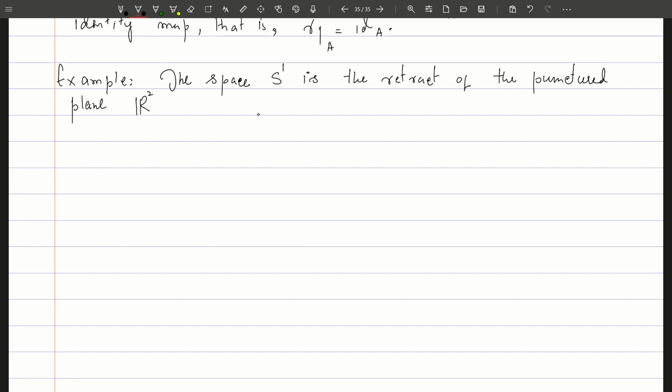That is the space R2 minus the point 0. So one can note that, since S1 consists of all the points x, y in R2 such that x square plus y square is 1, this is of course a subset of R2 minus 0.